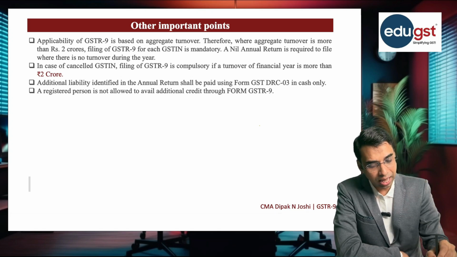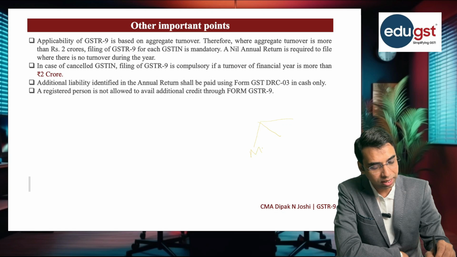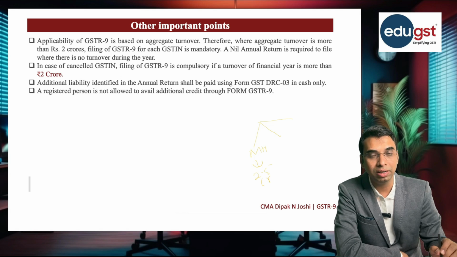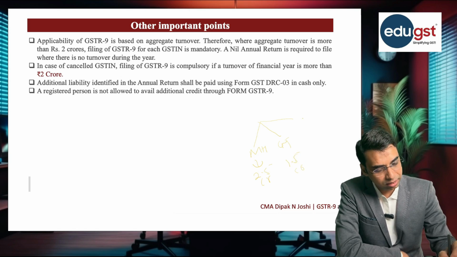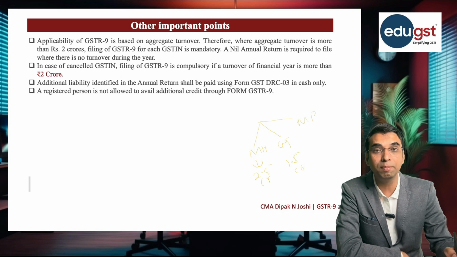So say I am having 3 registrations. One is in Maharashtra where my turnover is say 2.5 crores. Second registration is in say Gujarat where my turnover is say 1.5 crores. And say there is a third registration in Madhya Pradesh where I am having no turnover.